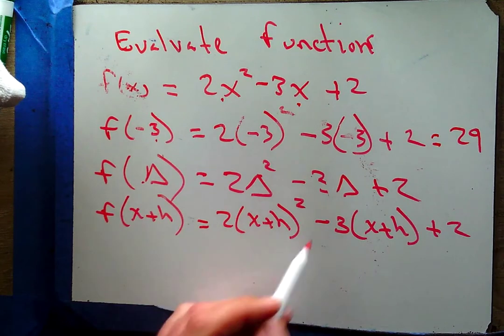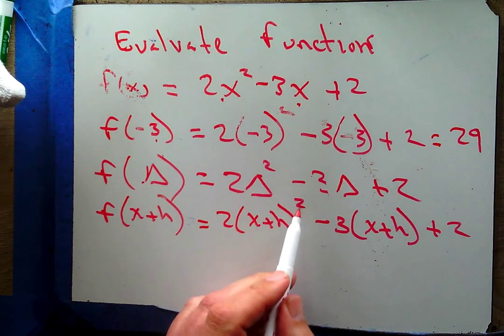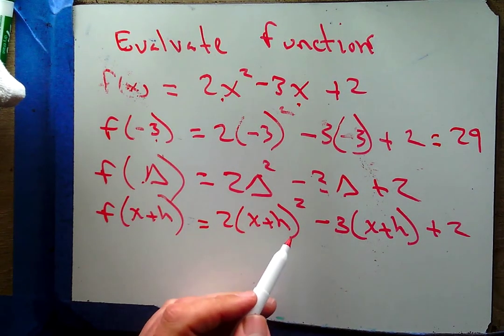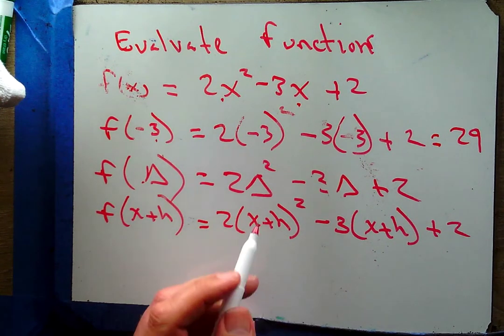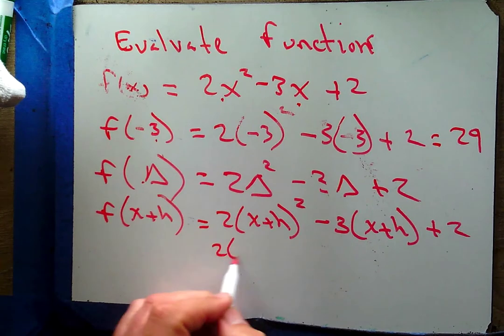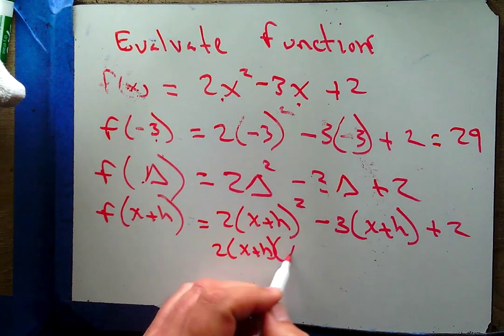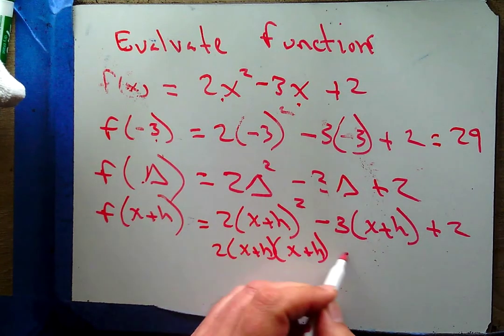Great. Now, remember, this is not just x squared plus h squared. This is a foiling opportunity: 2 times x plus h times x plus h, minus 3x.